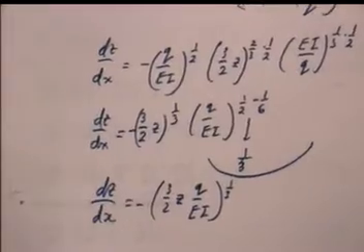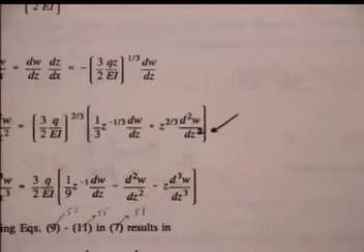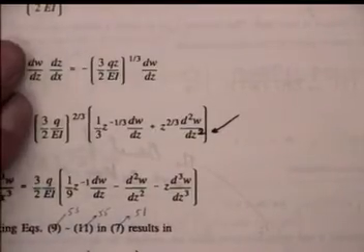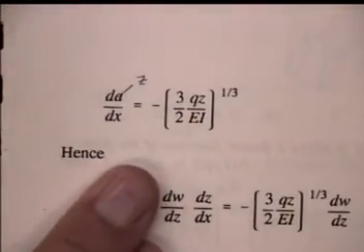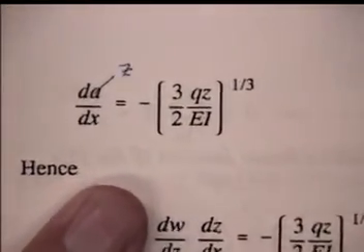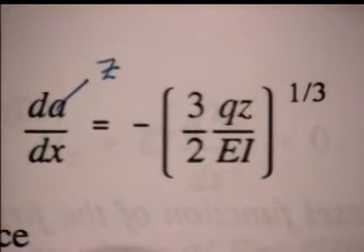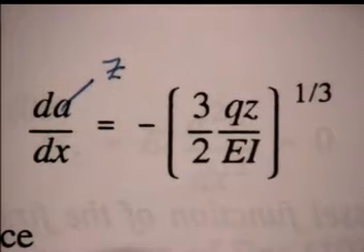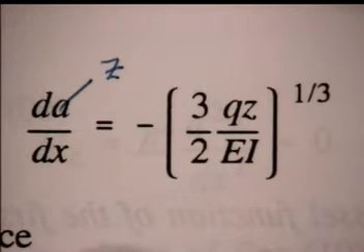Okay? Or I can just show you this expression. So we derived this expression. dz dx equals minus 3/2 qz over EI in power 1/3.